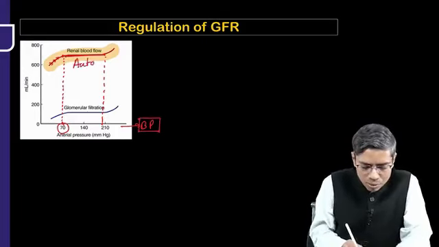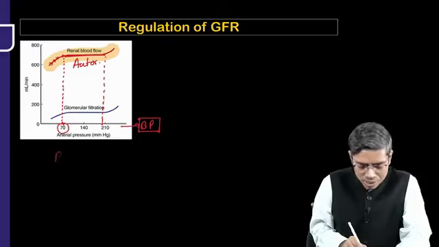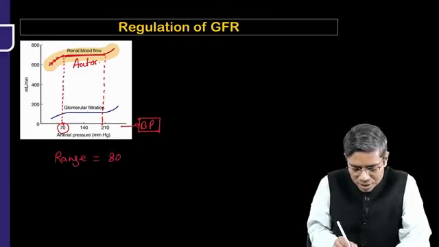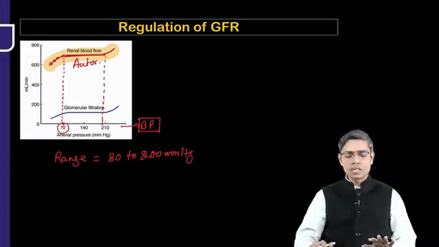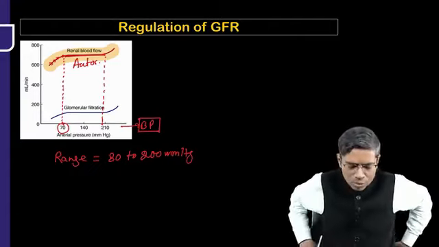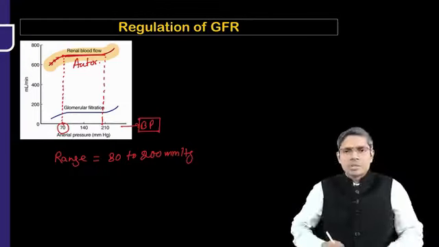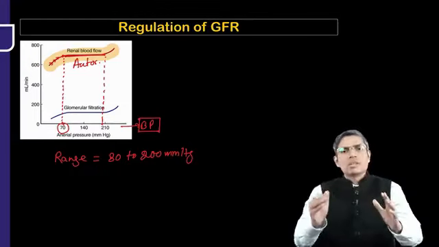This is your autoregulatory range. So we say that in case of kidney, the autoregulatory range is 80 to 200 mm of mercury. Different books have given different values, but we will remember 80 to 200, or 220 mm of mercury. This is the autoregulatory range.